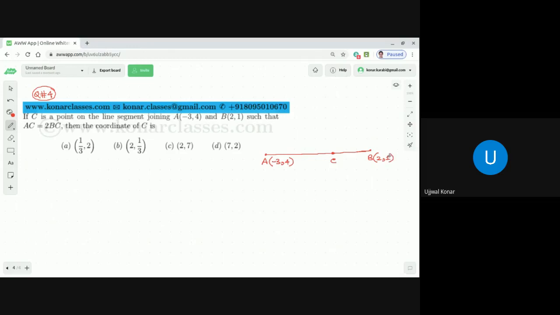And according to the question, AC is equal to 2 times BC. So that means AC is to BC, we can write 2 is to 1.